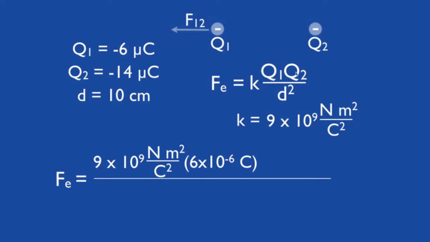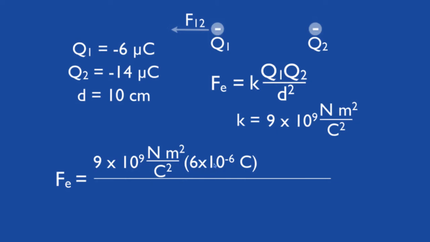We are just figuring out the magnitude. If I used the positive or negative, it would tell me the direction, but it doesn't work that way. We just put the amount of charge, not the sign.